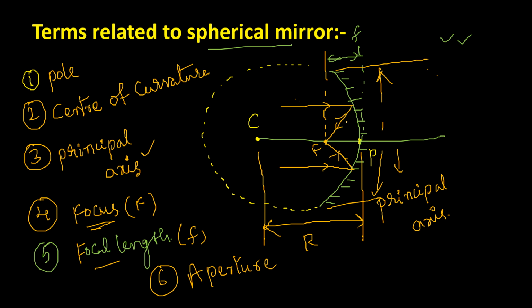All light rays will meet at one point on the principal axis, called principal focus, or simply focus. The distance between focus and pole is called focal length, and the width of the mirror is called aperture.